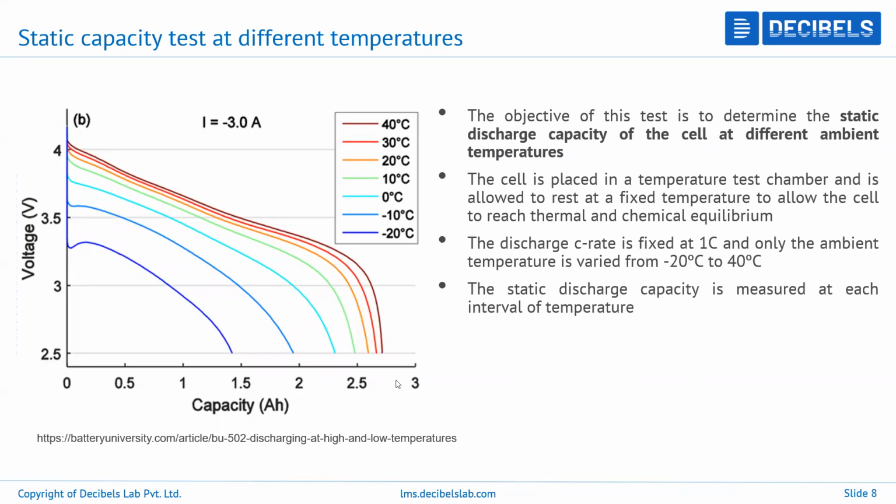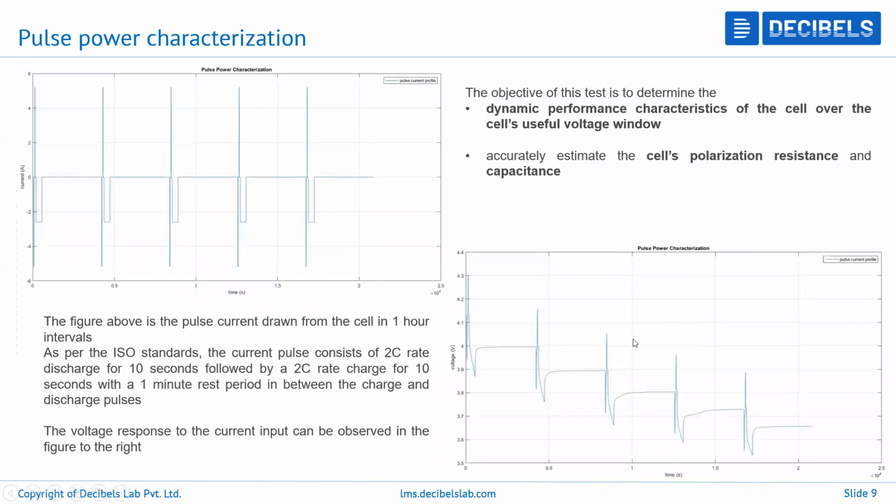But also the higher the risk of catching fire, and the higher the risk of internal degradation. So the cell also starts to degrade within itself. So that is with respect to the static capacity test at different temperatures, right?